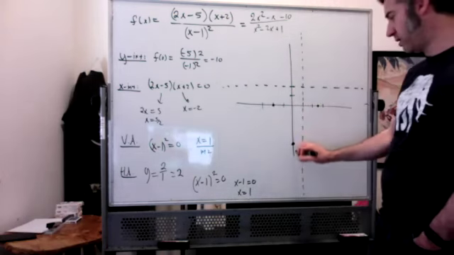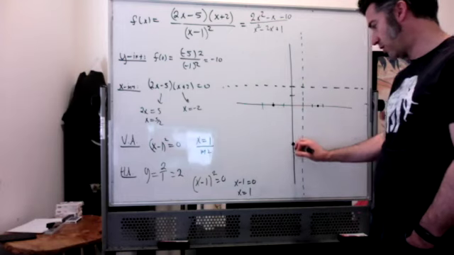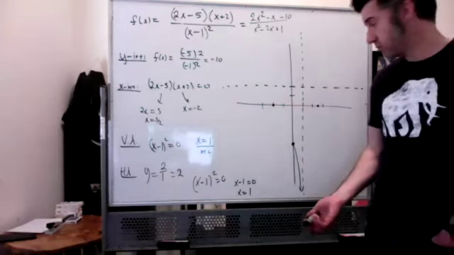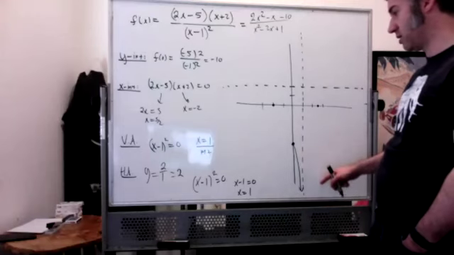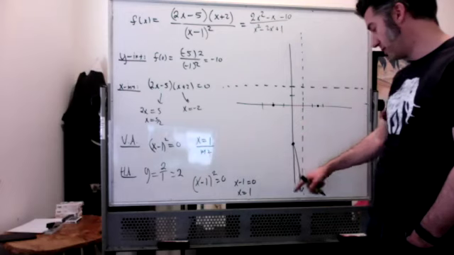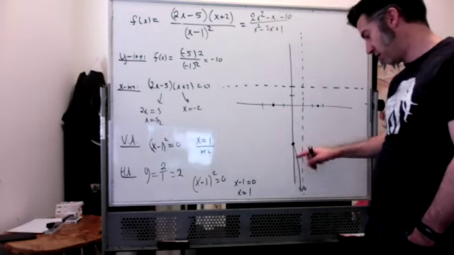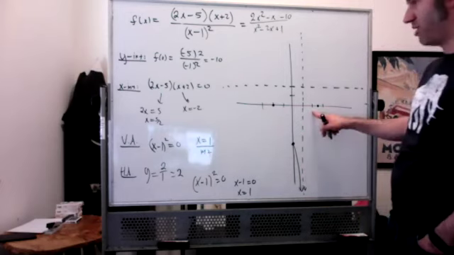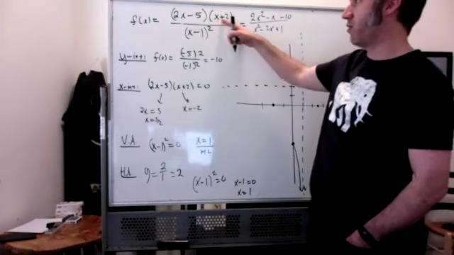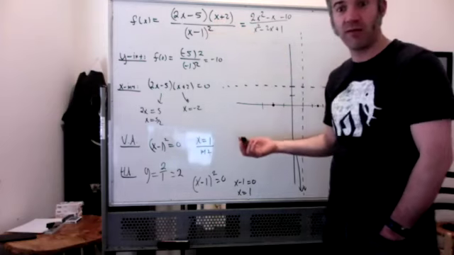So starting my y-intercept, I know I have to go this way. There's no other choice. And then on the other side, since I know my vertical asymptote is an even degree or multiplicity, I know I'm in the same direction. So if I'm going down here, I'm going down there. Or you can plug in 2. If you plug in 2, you get -1 times 4 over 1, which is going to be -4.